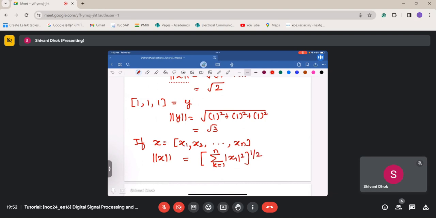If it is a complex quantity, you need to take its absolute value and then square. For example, if it was 1, j, 1, then you will have to take the magnitude of j, which is 1, and you will get the same norm.